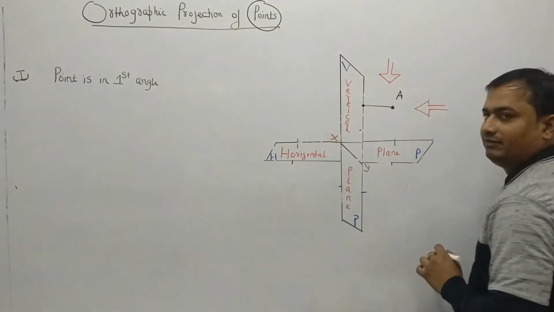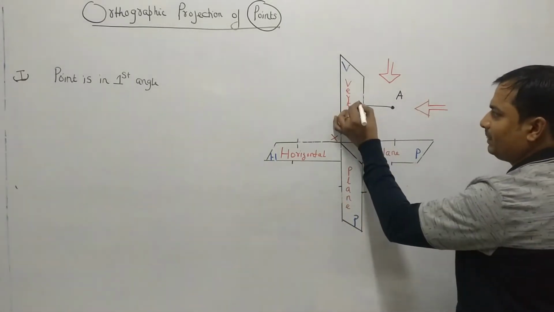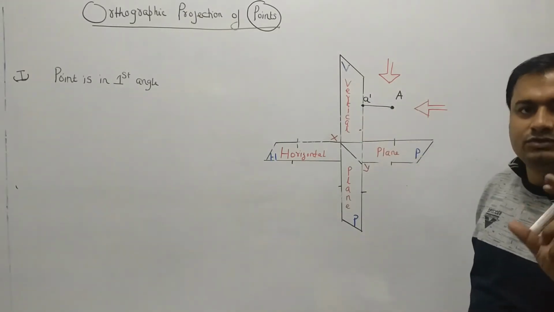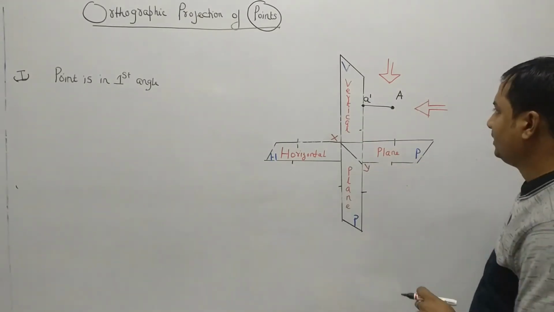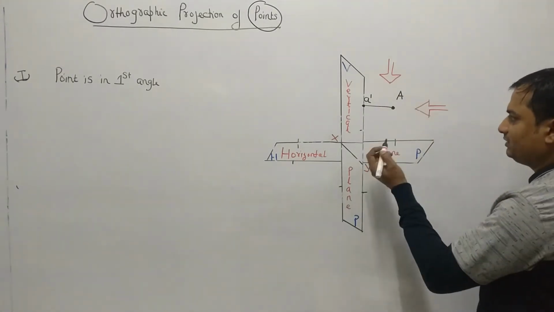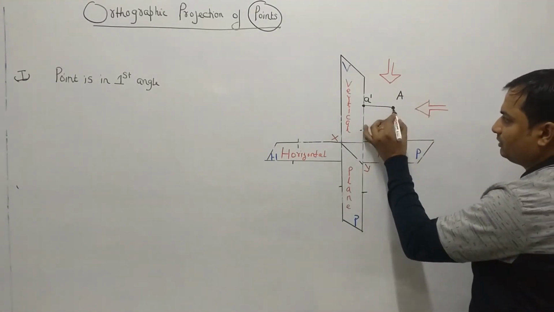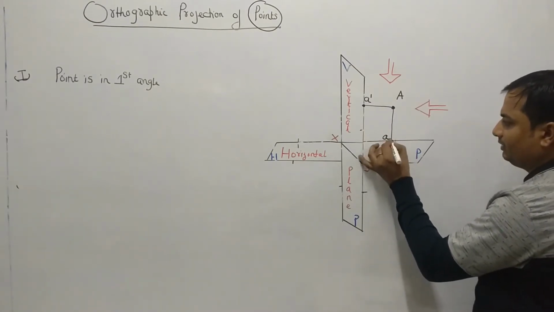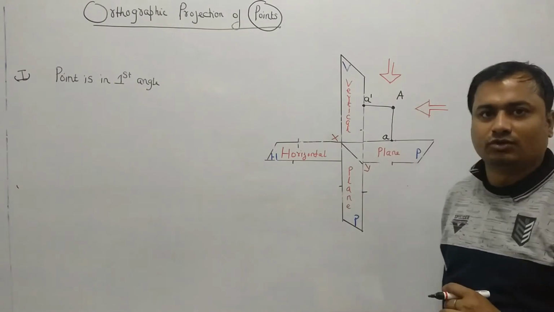This is the front view, and the name would be A dash, because that is the representation of the front view. So the front view is lying on the VP, the vertical plane. When the top observer is seeing this point from the top, where is the location of the top view? The top view will be somewhere here, and the name will be A. So the top view is lying on the horizontal plane.